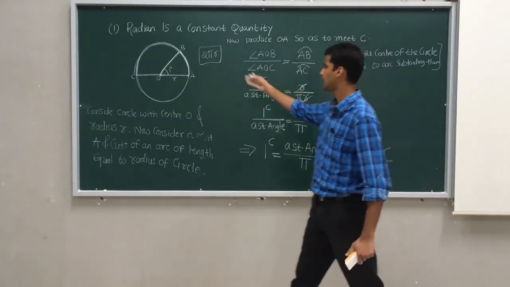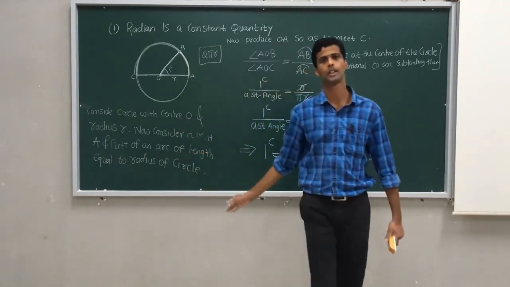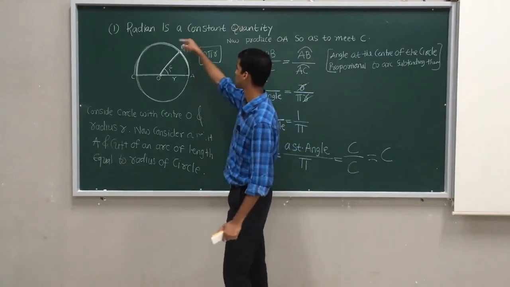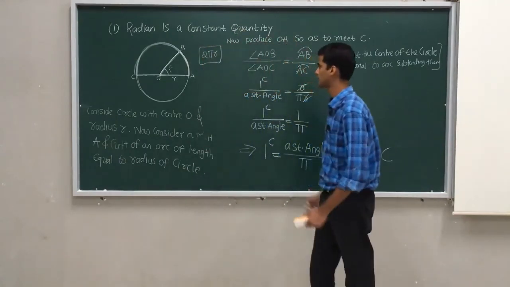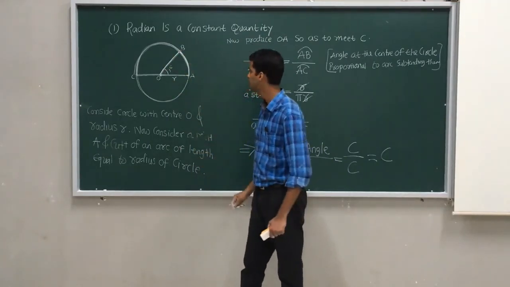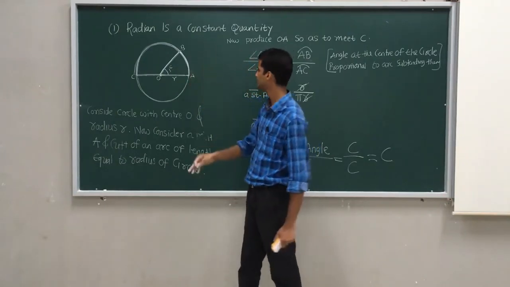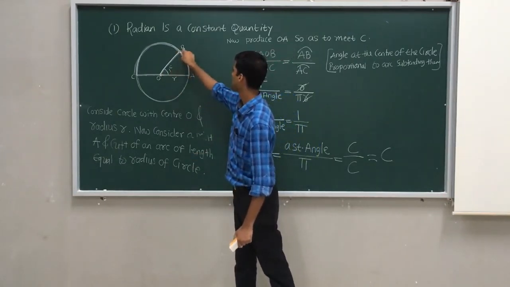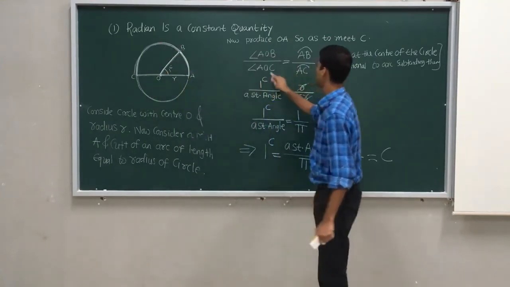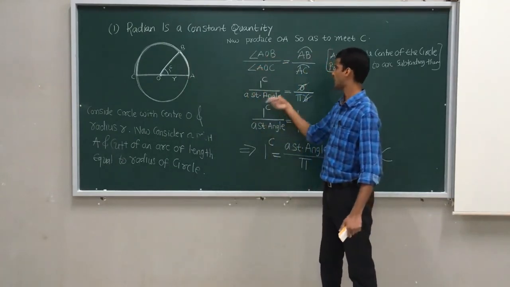So, how did I prove it? By using the concept of a circle, and some concepts of your lower classes. That's about this theorem. So, we proved that radian is a constant quantity. I took one circle, I constructed an arc whose length is the same as the radius. Then I used a concept of your lower classes. Angle AOB has arc AB, angle AOC has arc ABC or AC. Angle AOB means 1 radian, angle AOC means a straight angle, that is 180 degree.